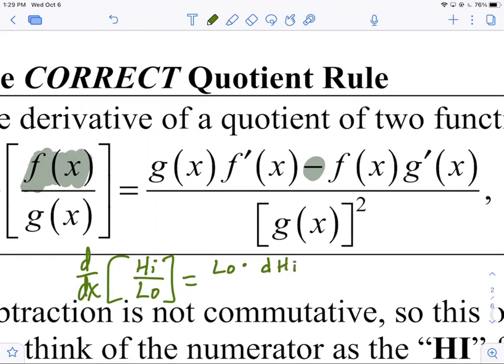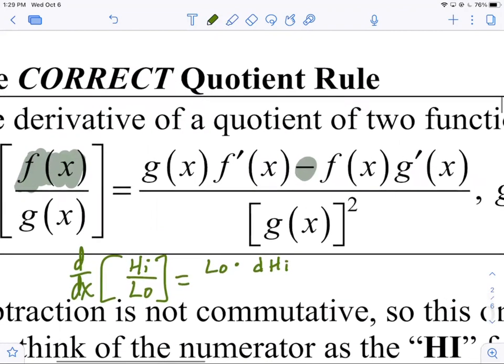I'm just going to call that d high. Is that okay? Minus the high function times the derivative of the low function all over the low function squared. So this becomes a little bit more melodic. Low d high minus high d low over low low. Right? That sounds better. Low d high minus high d low over low low, or low squared.